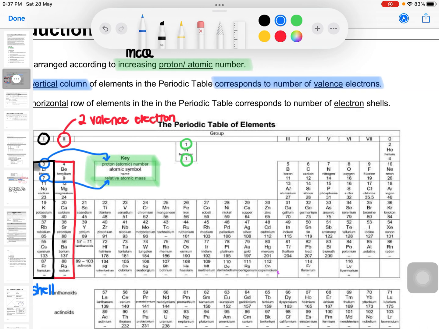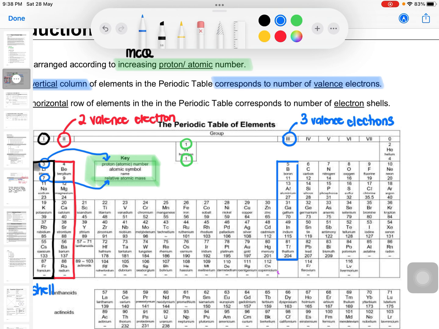So if for example I have group 3, all these elements actually have 3 valence electrons. This is regardless of the positions of the elements in the periodic table, and so on and so forth.